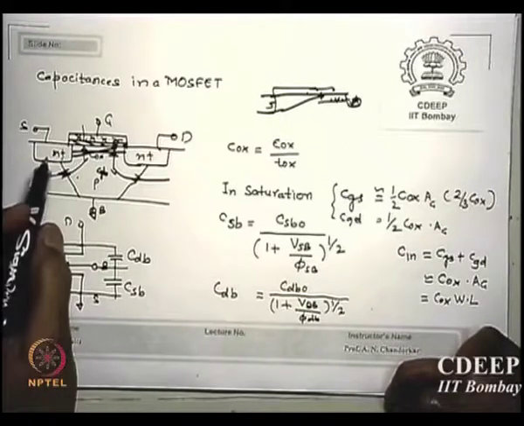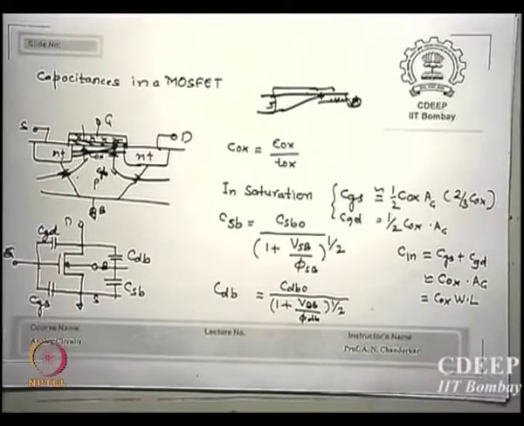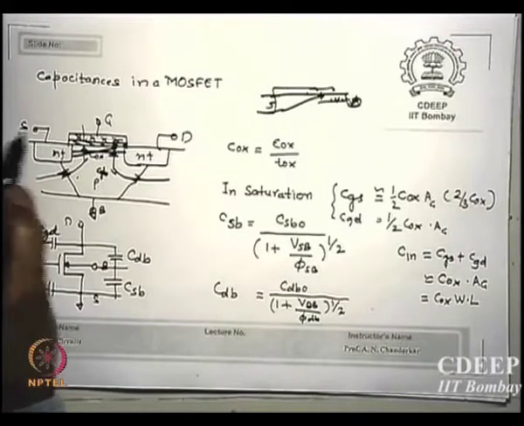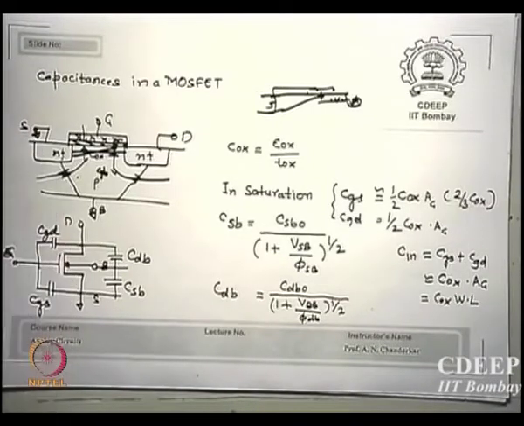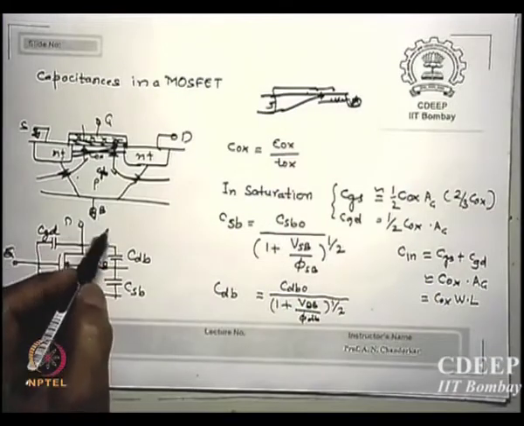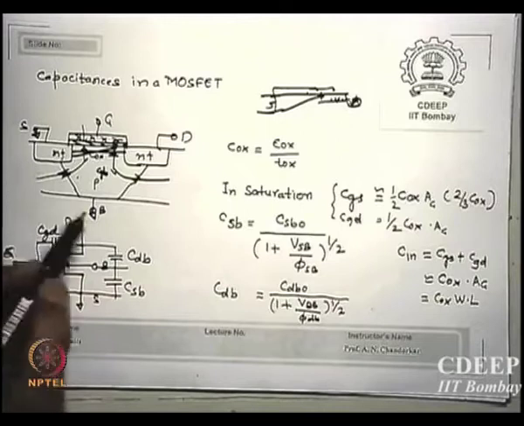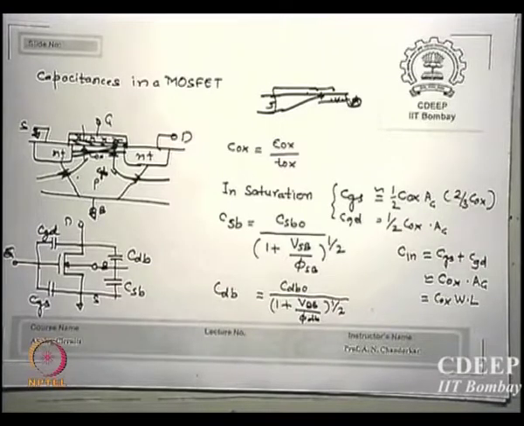And now, can you think, if I am putting the source to ground, this reverse bias can still be increased by what? If I put a negative voltage at the bulk, since it is P type, the source to bulk voltage will increase, and so will the drain to bulk voltage. So if there is a VSB available, then the capacitance will change.